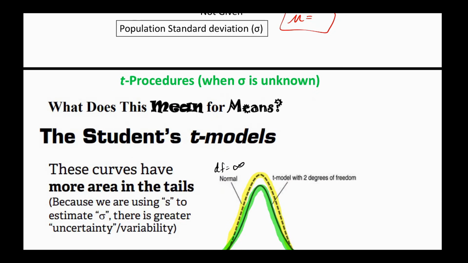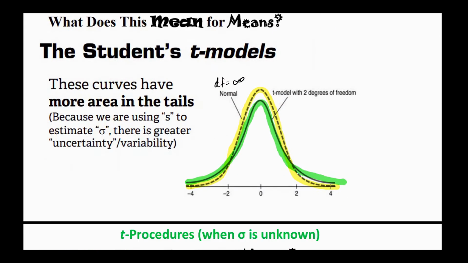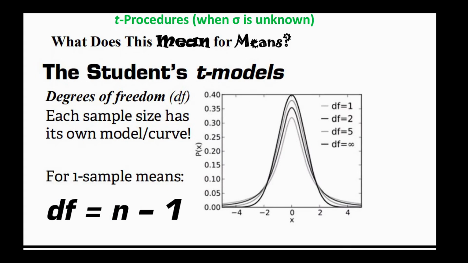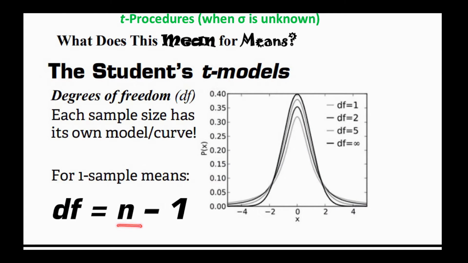Okay, and then we talked about the background of T. T has greater variability, greater uncertainty, more area in the tails, right? Degrees of freedom we talked about. As sample size goes up, degrees of freedom goes up. If we have a degrees of freedom of infinite, that means we're at Z, right?